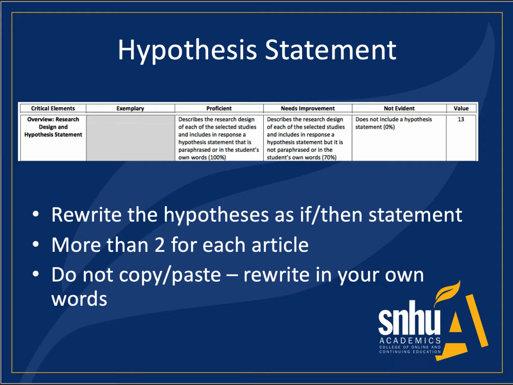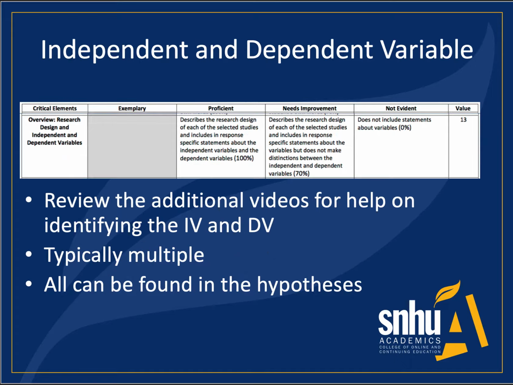Instead, you can identify the hypothesis because it's going to be linked with the independent and dependent variables, and it's what they're going to focus on both in the results and the discussion sections. So if you rewrite it, it also helps you to identify the independent and dependent variables, which I'm going to be coming to next. Do not copy and paste from the original articles. Make sure you just put these in your own words.